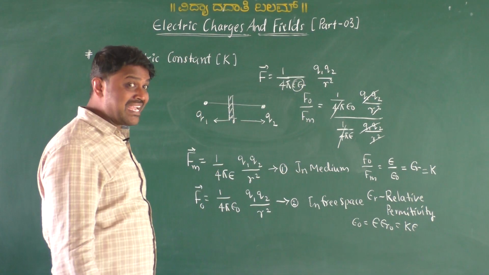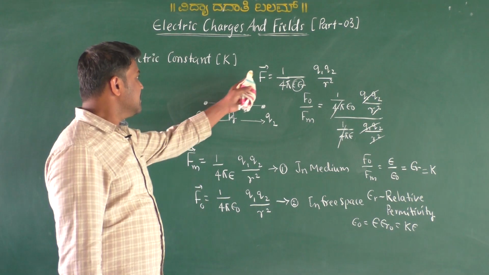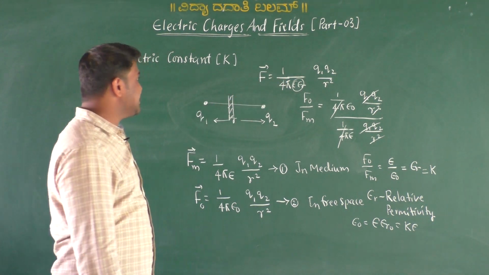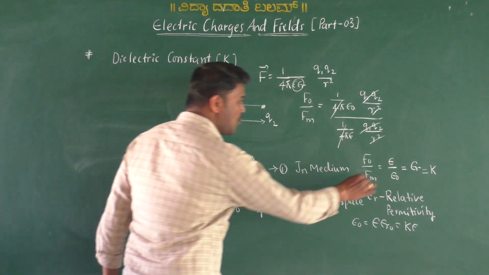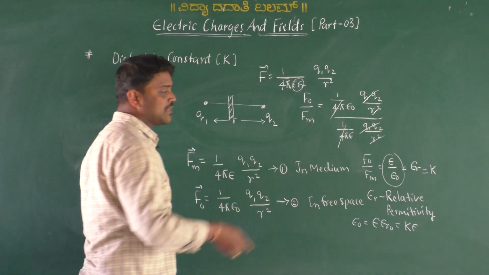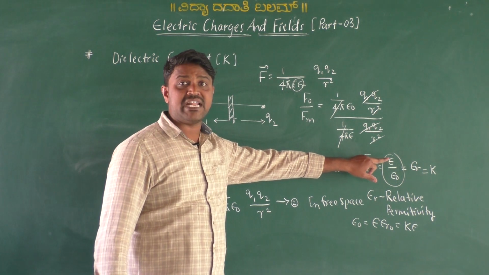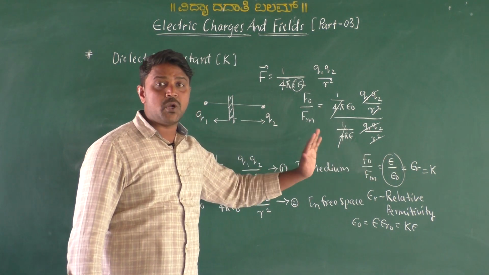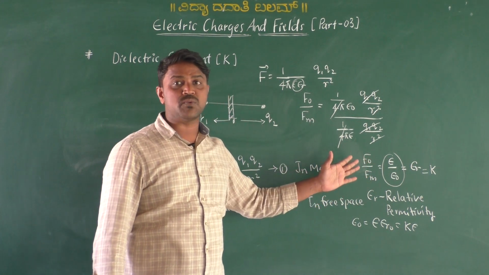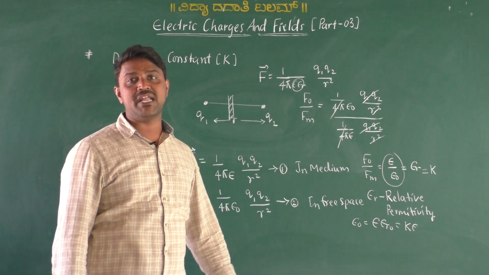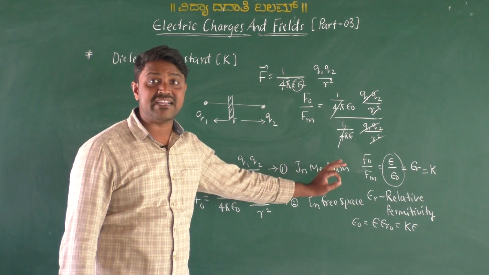By this way we can represent the constant, what you call a dielectric constant. So the dielectric constant can be defined with the help of this equation as the ratio of the absolute permittivity of a medium to the absolute permittivity of free space, where the medium is called a dielectric medium. It is simply called relative permittivity, or simply a dielectric constant.